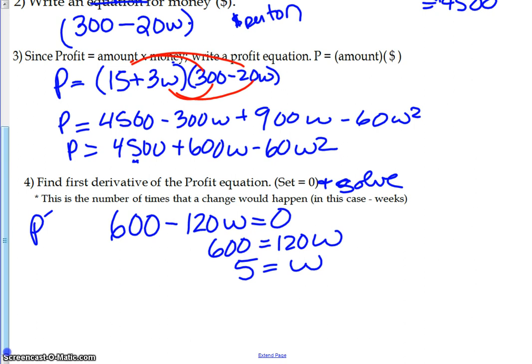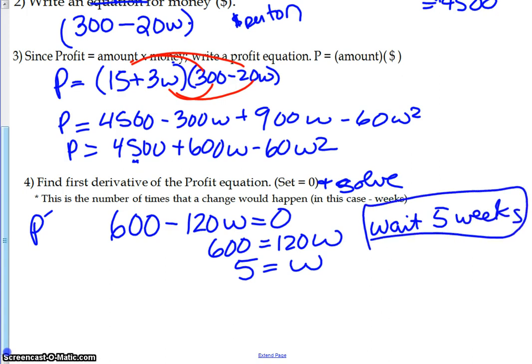Well, what does that mean? That means our farmer here should wait 5 weeks. That's our advice as a mathematician. Because in 5 weeks, what is the profit going to be? So here's my profit equation. The profit would be 4,500 plus 600 times 5, minus 60 times 5 squared.